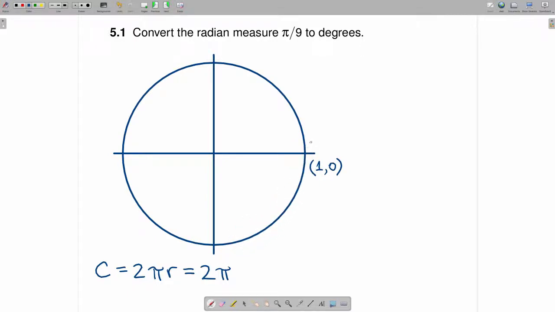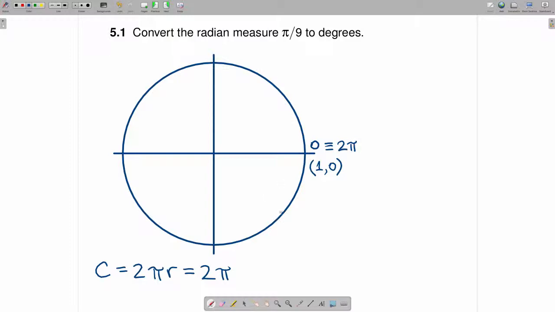So in terms of radian measure, this angle right here at the horizontal is 0 degrees. If you crank all the way around the unit circle and you come back here, it is also the same as 2 pi as a radian measure of an angle.